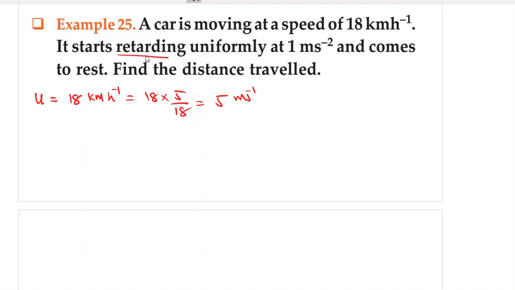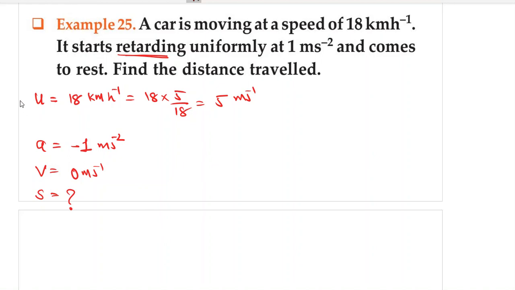Retarding. Remember the word retarding. So acceleration is minus 1 meter per second square. Okay, and comes to rest, means final velocity is 0 meter per second. Find the distance traveled, s. You have to find s.